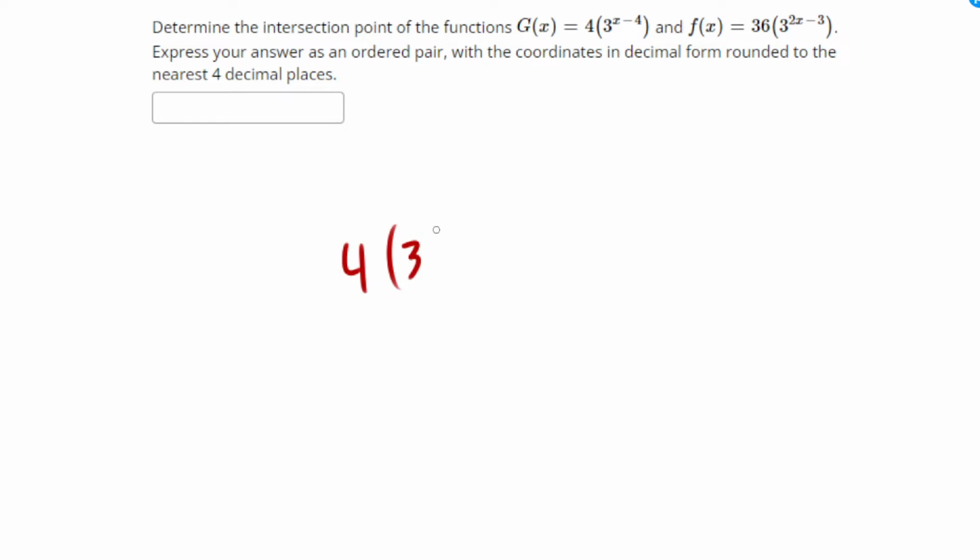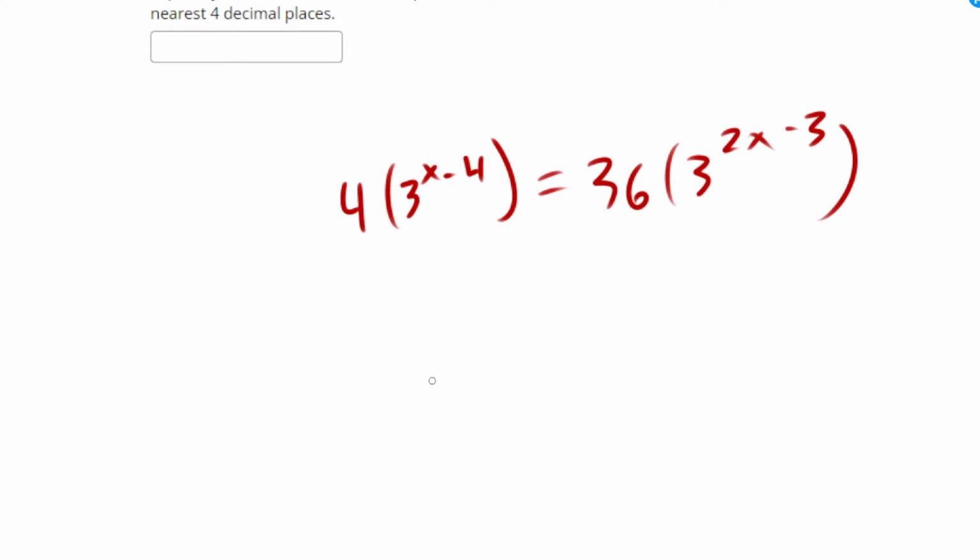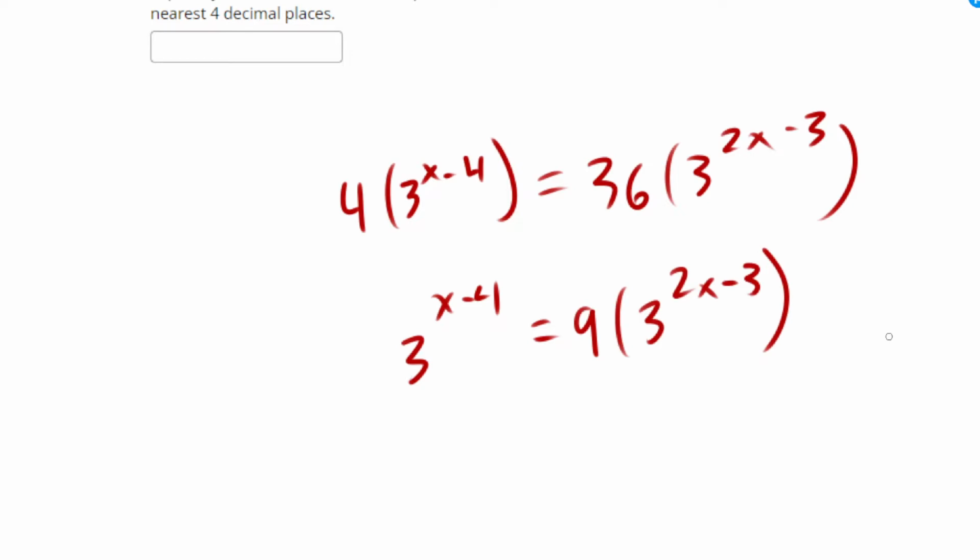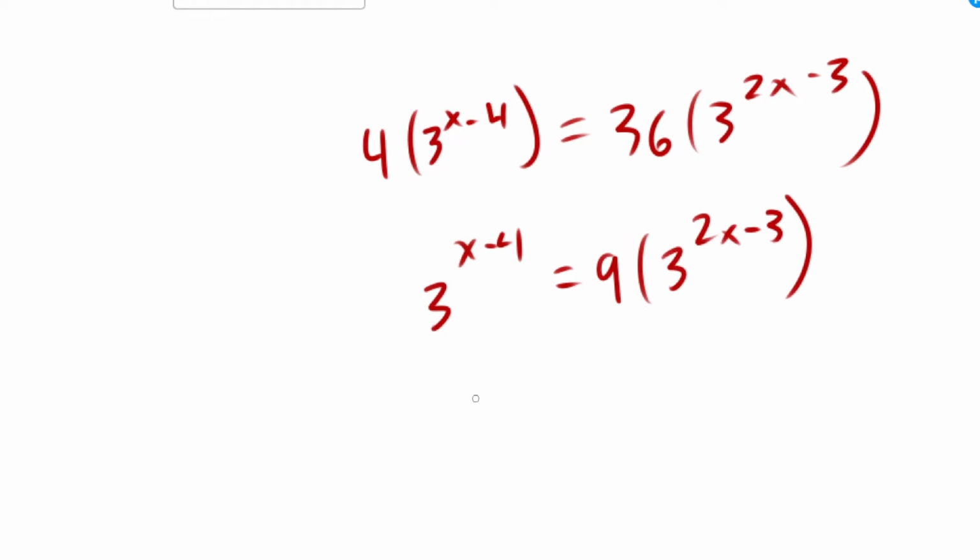4 to the 3x minus 4 equals 36 times 3 to the 2x minus 3. Going to divide 4 from both sides. So 3 to the x minus 4 is equal to 9 times 3 to the 2x minus 3. 9 is the same as 3 squared, because that's all 9 is, right?